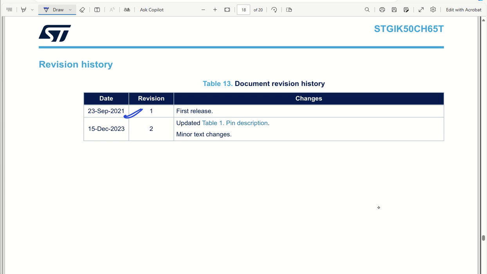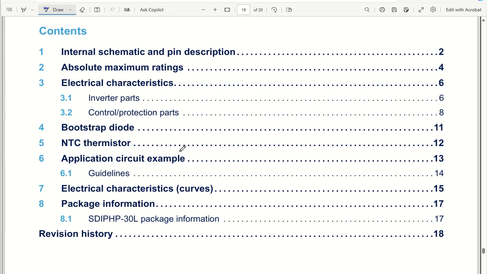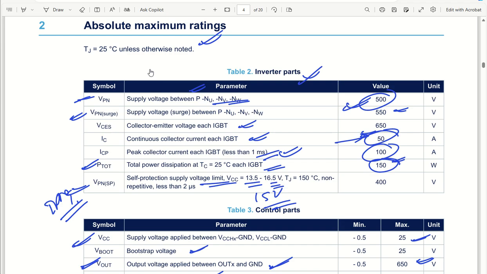Alright guys, hope you have a good understanding about this, and as you can see, this particular IC was released in 2021, and it is a very new IC for any of the applications we are looking for. This is the table of contents that you can directly get into. Let us say we want the absolute maximum rating, you can directly jump there like this. It is going here, so page number 4 it reached.